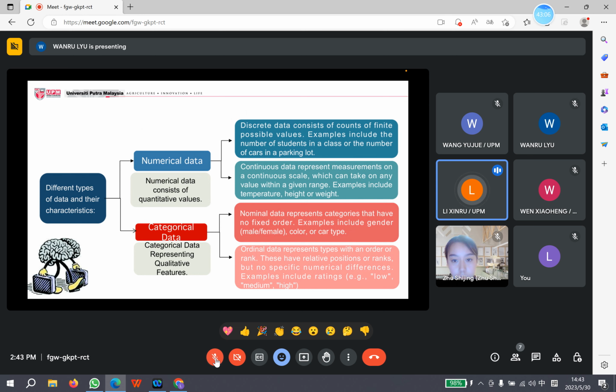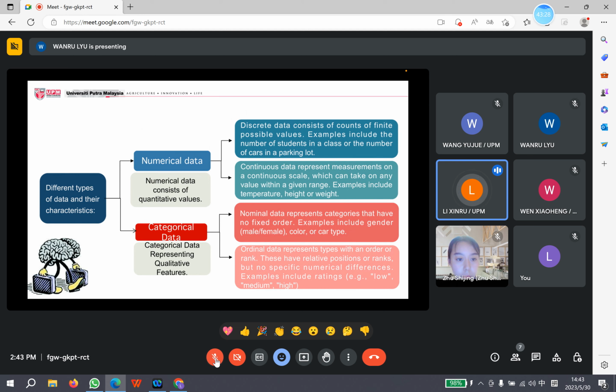The first one is discrete data, which consists of a count of finite possible values. Examples include the number of students in a class or the number of cars in a parking lot.